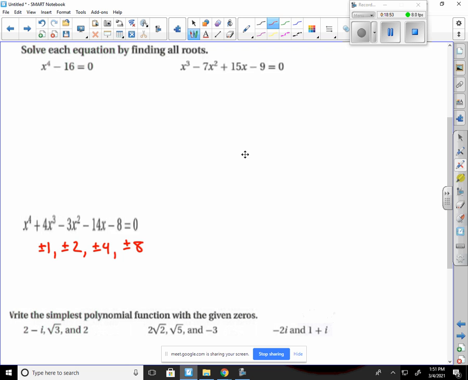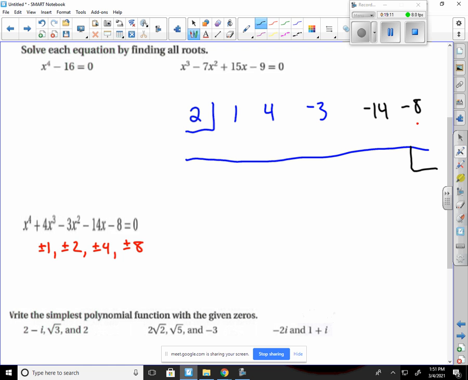And now list your coefficients out. That's 1, 4, negative 3, negative 14, and negative 8. I'm just trying 2 now. Bring down the 1. 2 times 1 is 2. 4 plus 2 is 6. 2 times 6 is 12.